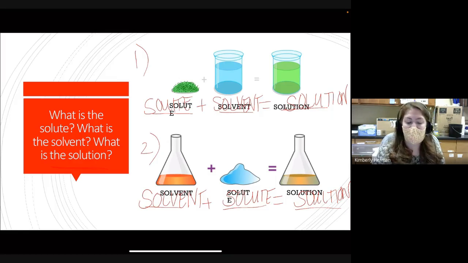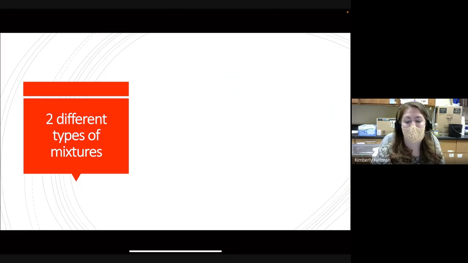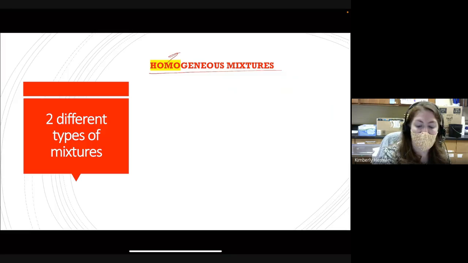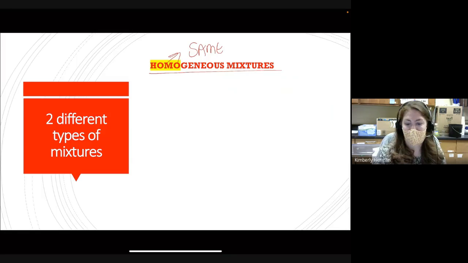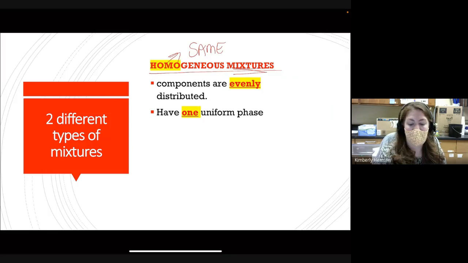Now, there are two different types of mixtures. Our first one we're going to look at is homogeneous. Remember that the root word homo means same when we're in our chemistry and biological studies. So remember, a same mixture throughout. We like to say that they're evenly distributed and they have one uniform phase.